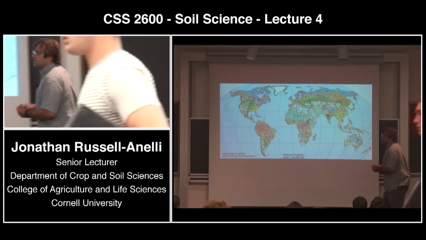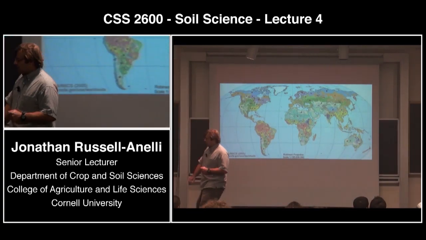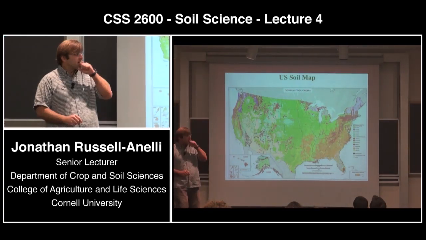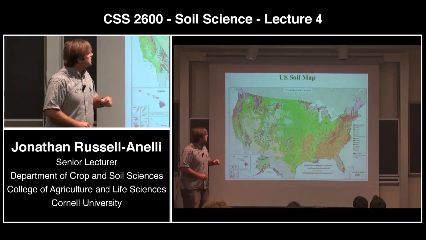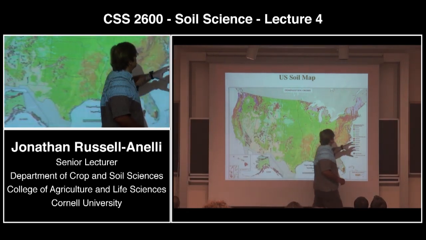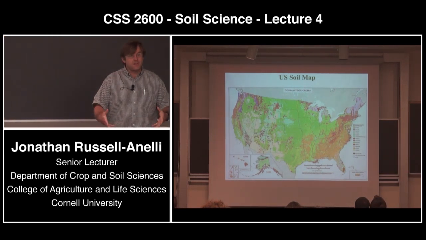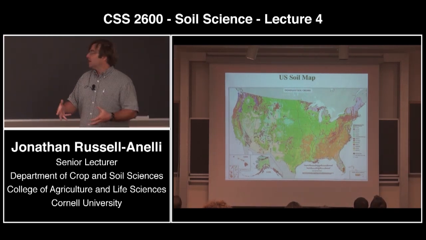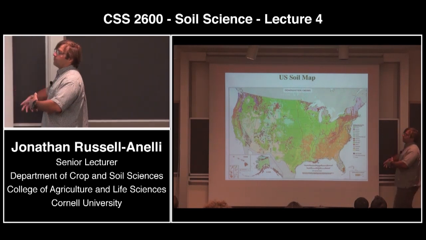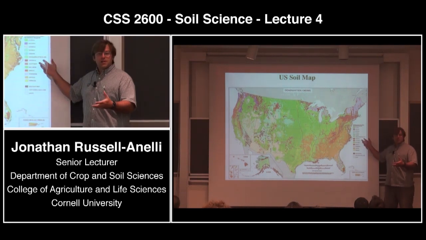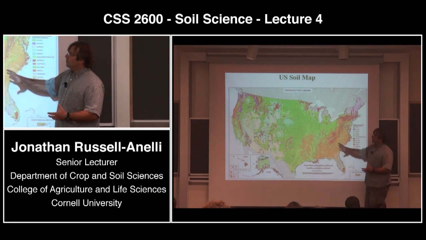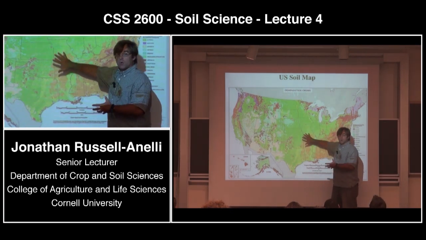Now, the next slide is basically the same sort of slide, except it's the United States. This is the distribution of soils in the United States. Each one of these colors represents a different soil order, a taxonomic class of soil. You can see that these are not randomly distributed across the United States. We have this big, huge swath of green here, which is one type of soil.